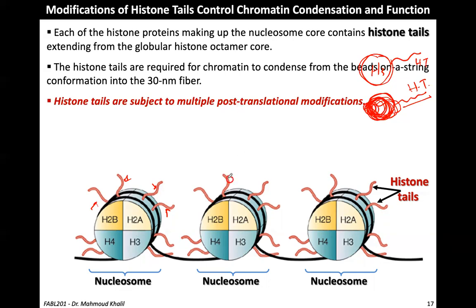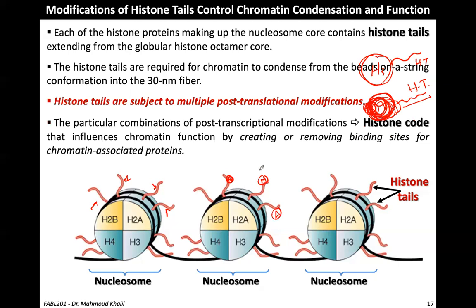You can see a phosphorylation here, a methylation here, and an acetylation here. This particular combination of modifications will either create a binding site or remove a protein that is associated with the chromatin, with the DNA.